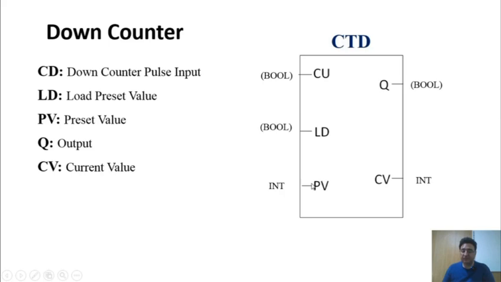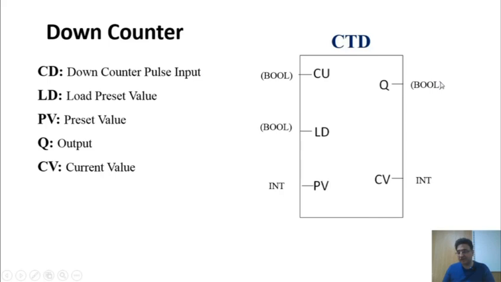so that the predetermined PV value is placed inside the current CV. And for each individual pulse that is subsequently generated, the counter decreases the value by 1 unit. Finally, when our current CV value reaches 0, the output signal becomes a one.